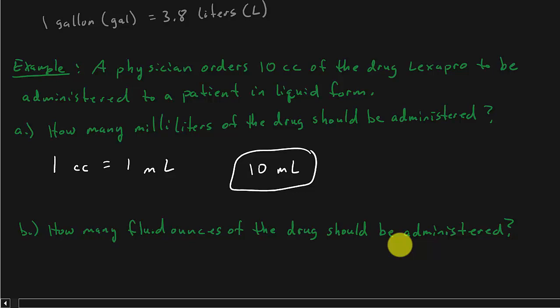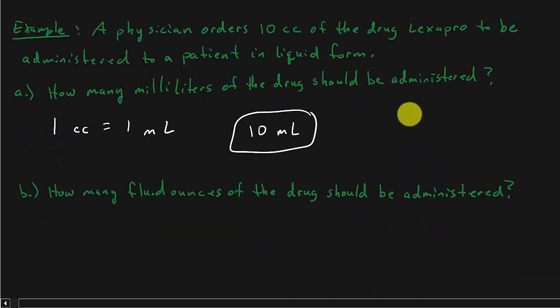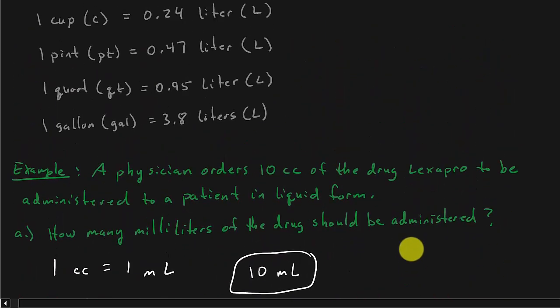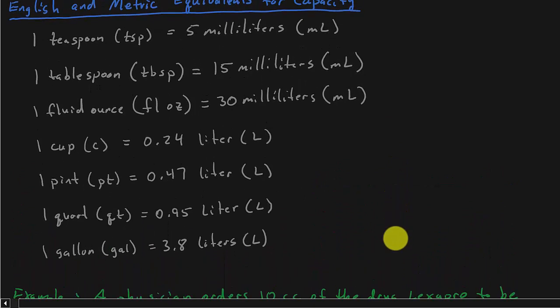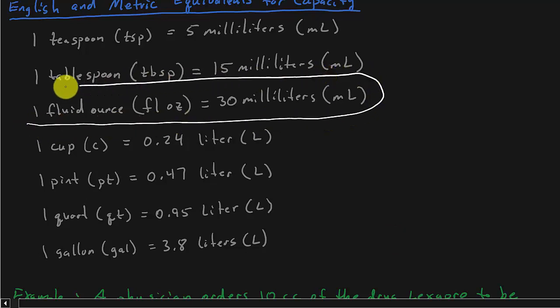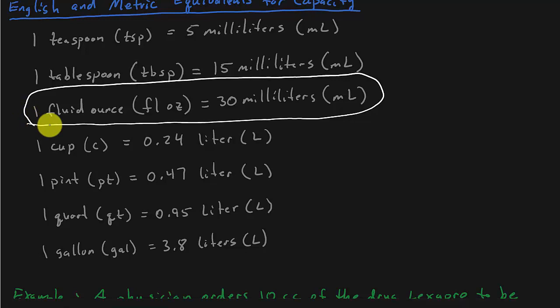So the options are cubic centimeters or milliliters. Which one do I want to use to go to fluid ounces? Look at this. That's the good part about this. It helps make your decision. I have a relationship there between fluid ounces and milliliters. You see that?